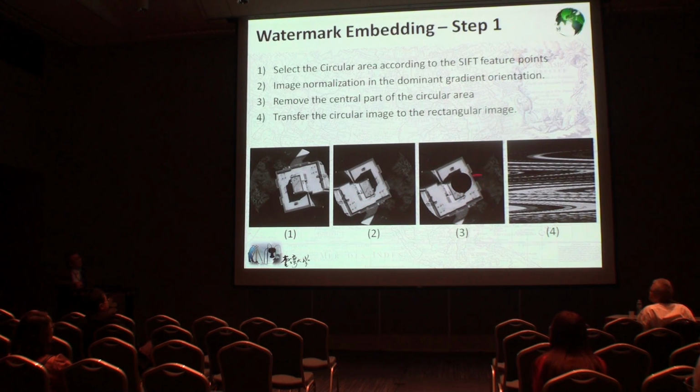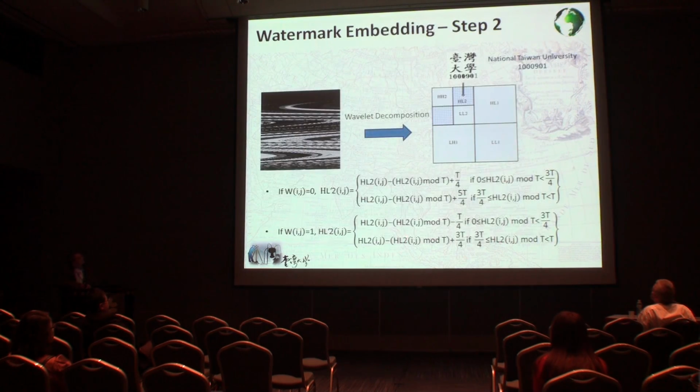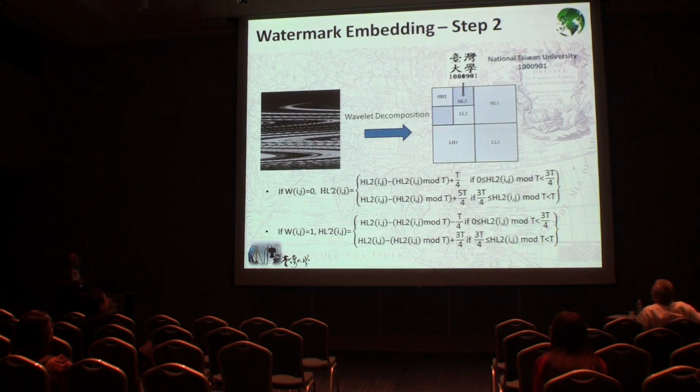And then we cut the center part of the selected area because we don't want to affect the feature point, because the feature point may be an important measurement point in the features. Then we rearrange the image to a rectangle. That's because in the next step we will use the wavelet to decompose the image into the frequency domain.